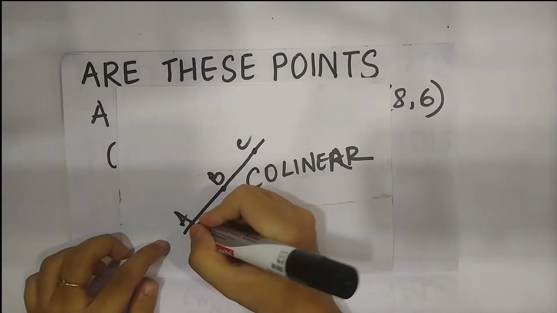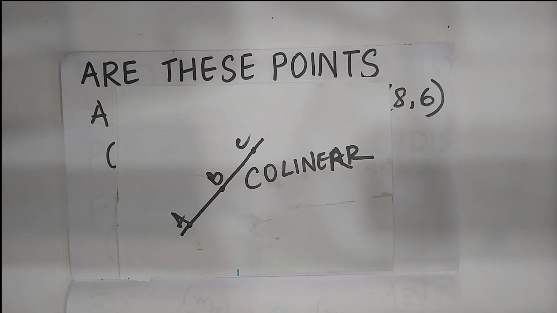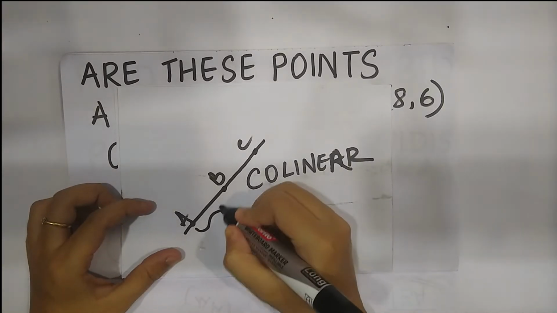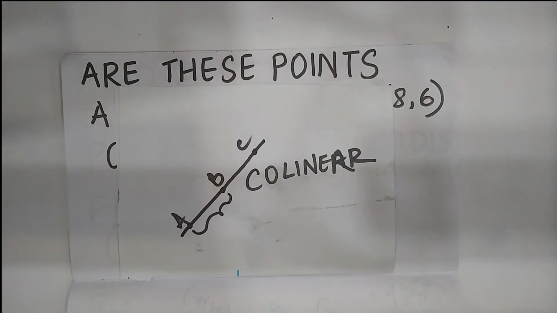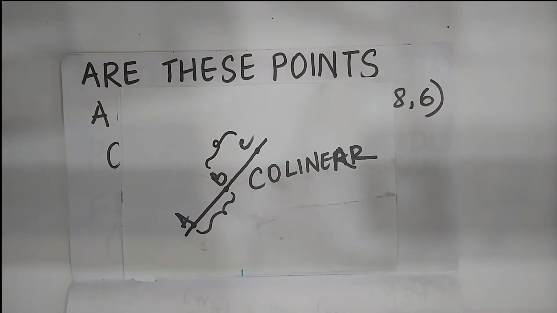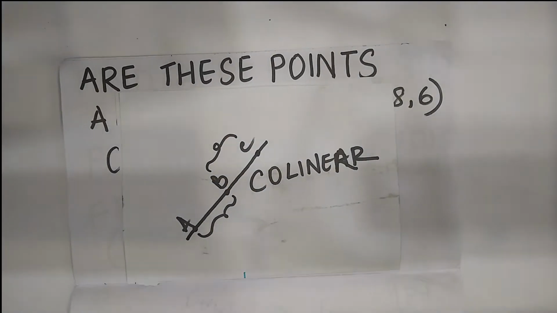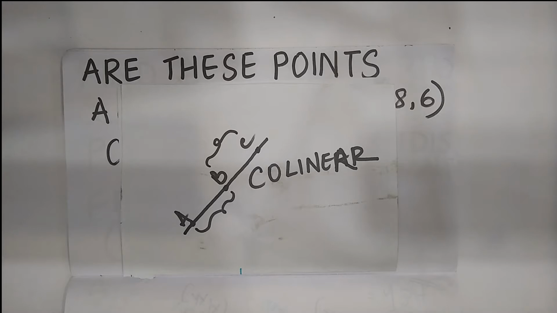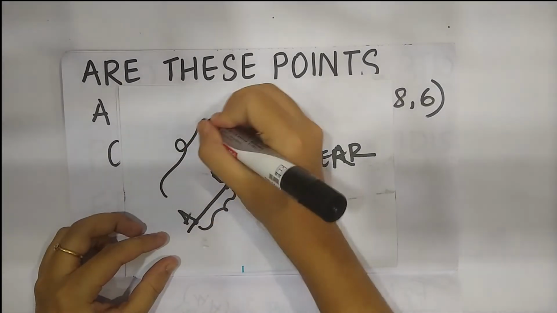So if you have the coordinates of these 3 points, how will you find out if it is collinear or not? What we can do is find the distance of A and B. Then we can find the distance of B and C. And then we can find the whole distance.